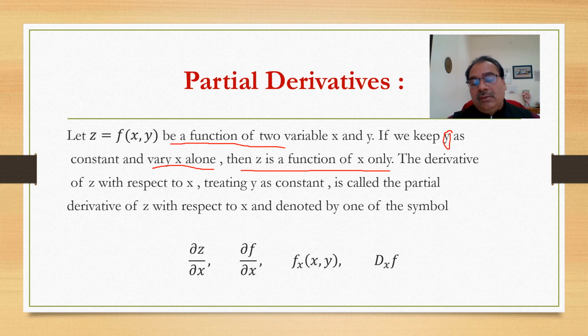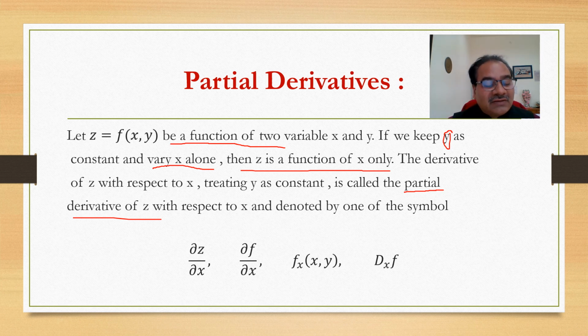Remember, if this is a two-variable function and you keep y constant and vary x alone, then z is a function of x only. The derivative of z with respect to x, treating y as a constant, is called the partial derivative. Read this definition again and again, remember it, and conceptualize it in your mind.